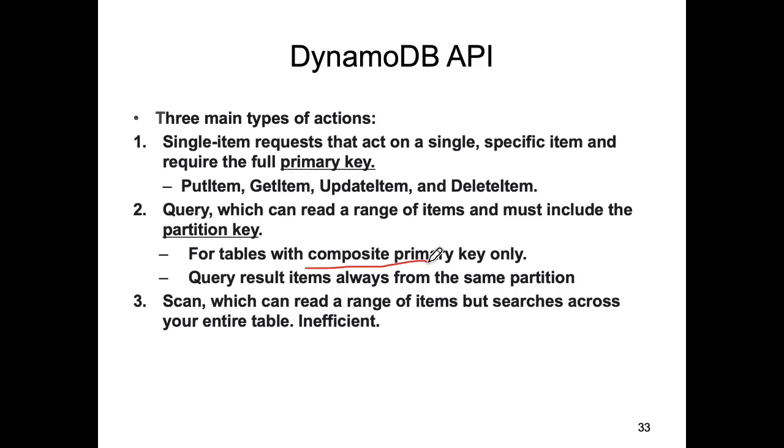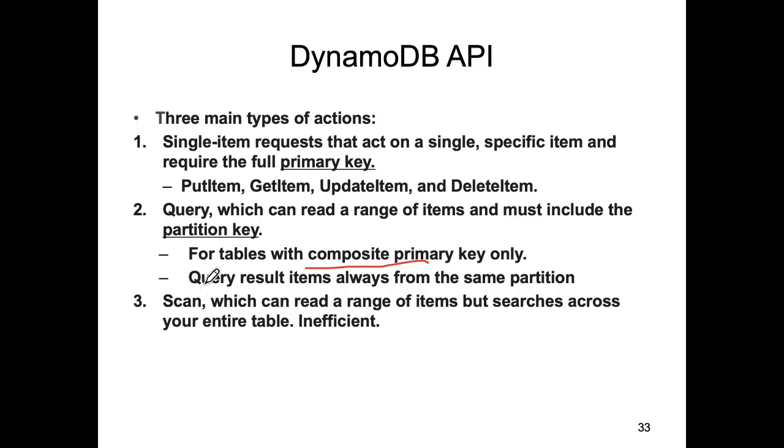You cannot query a table whose primary key is just a partition key. There are other ways around it, obviously, but you can't use this query approach towards those types of tables.